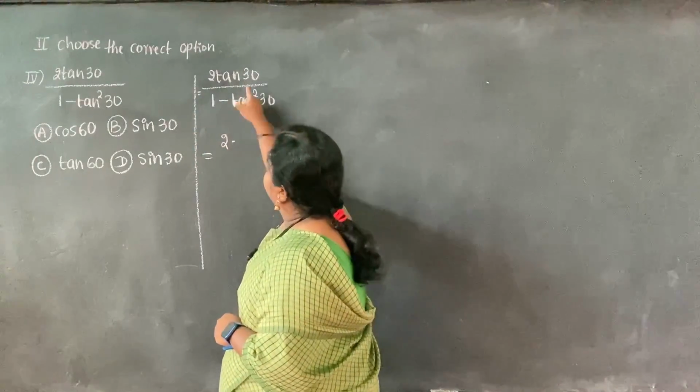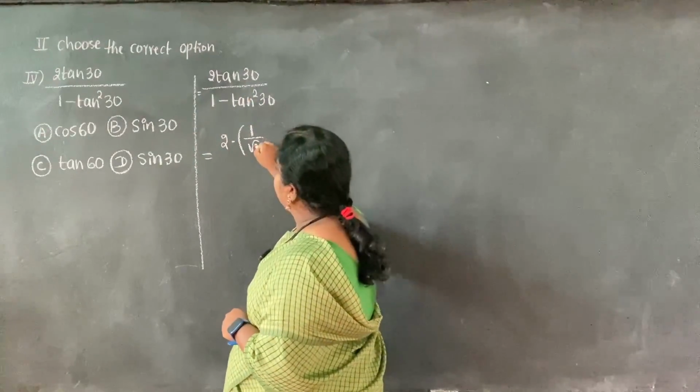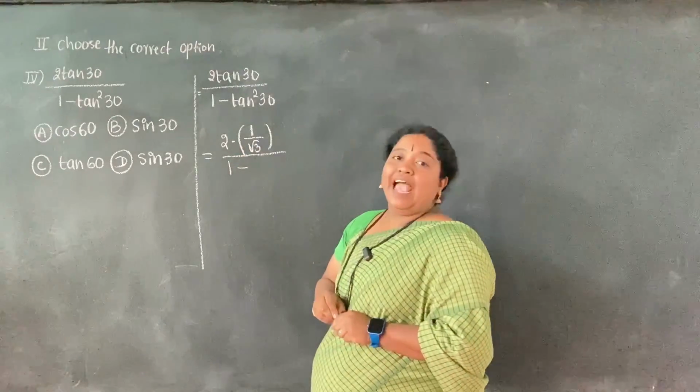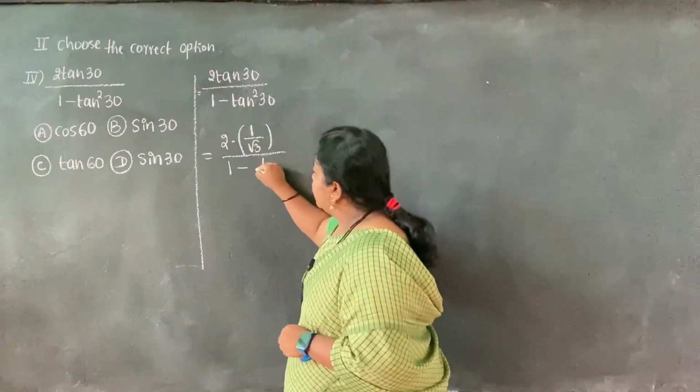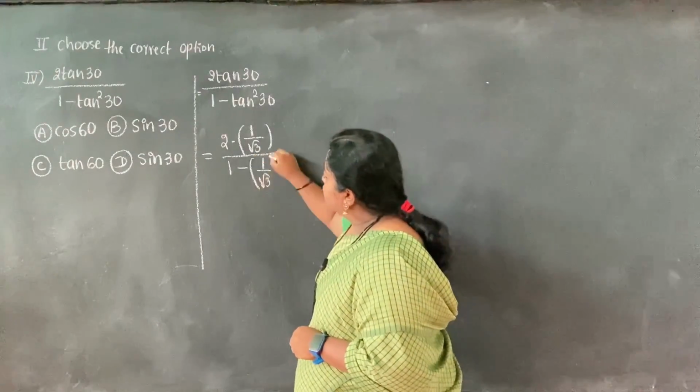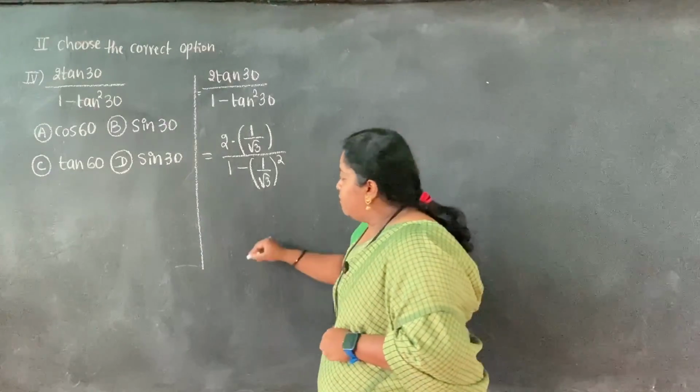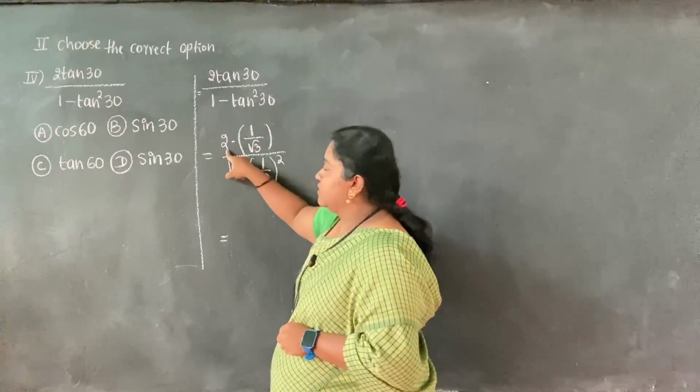So we'll simplify this one. 2 into tan 30, which is 1 by root 3, whole divided by 1 minus tan square 30. Tan 30 is 1 by root 3, and we need to square it. Simplify this one: this is the numerator part.